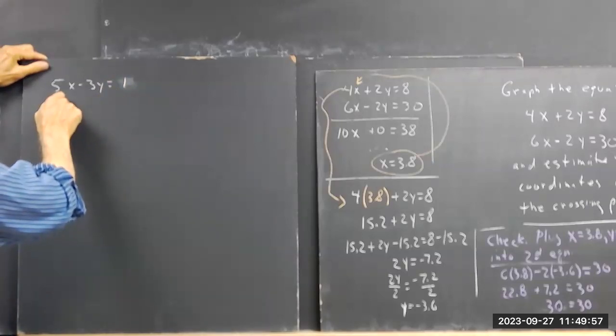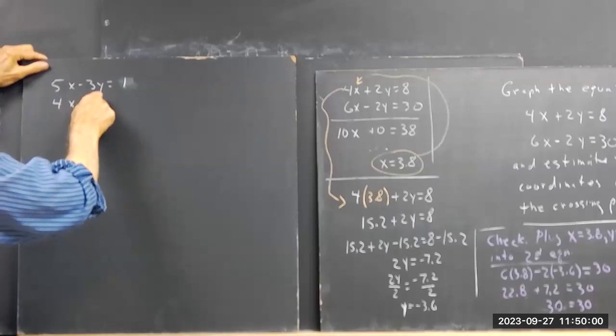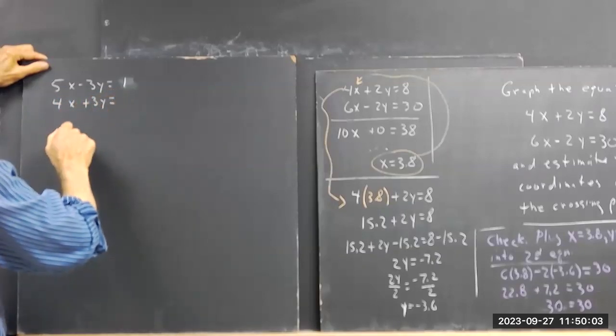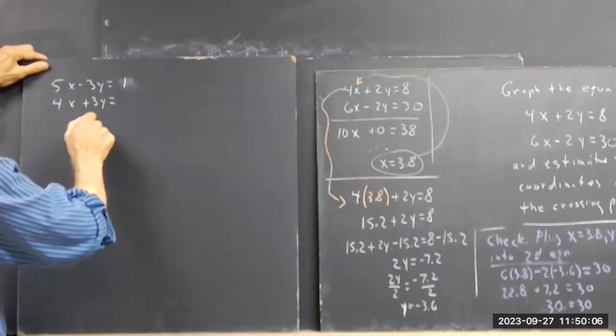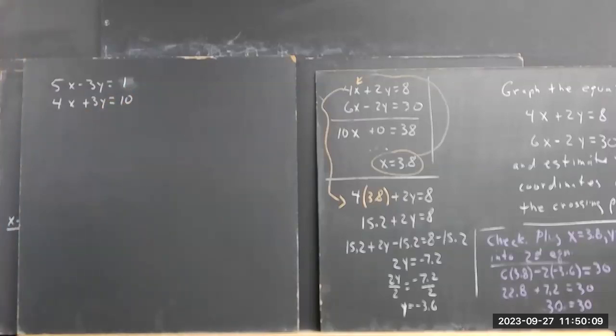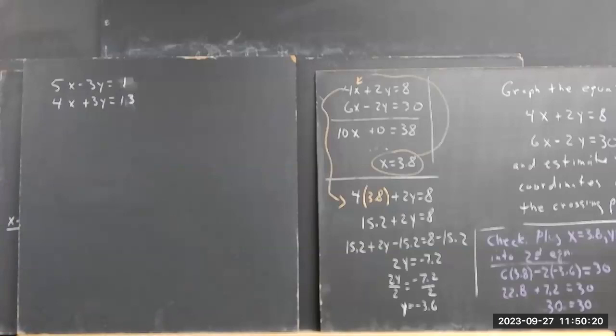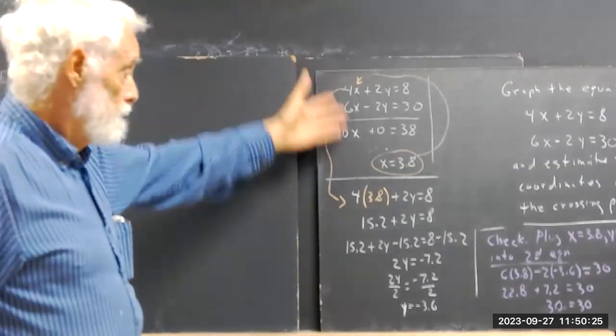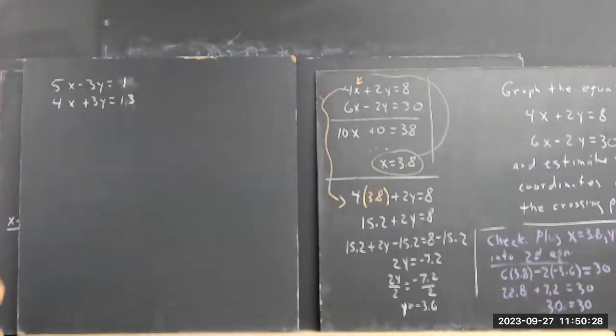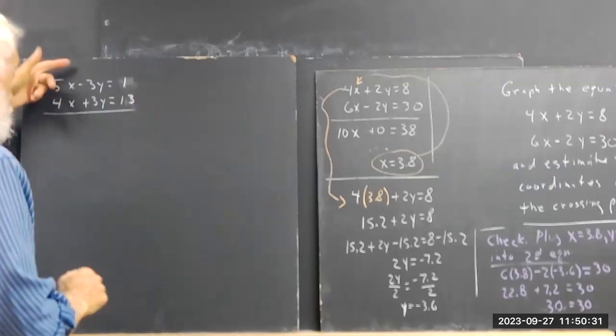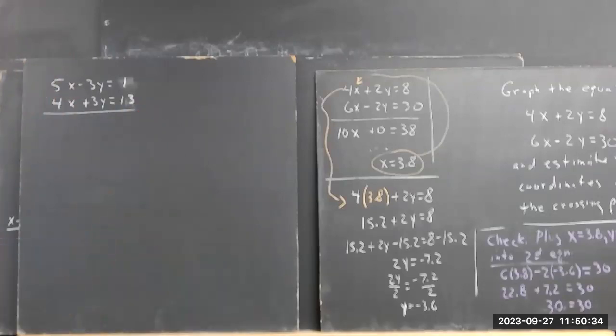And 4x plus 3y equals 13. Can you follow these steps like we did? Well, you're going to add these two equations, and then you're going to go on, right? Okay, let's see what you do.